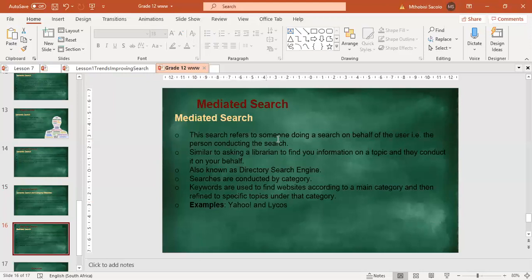This search refers to someone doing a search on behalf of the user, that is, the person conducting the search.